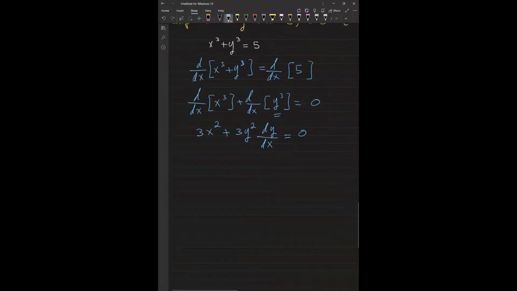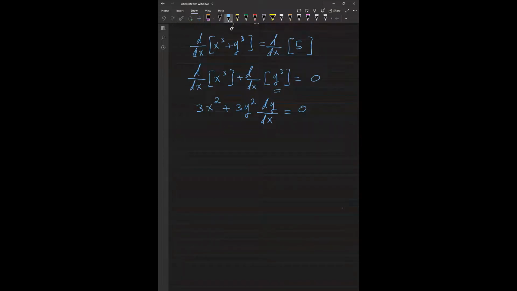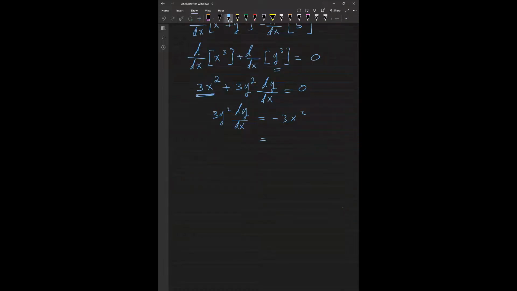The calculus is done. Now it's just the algebra. You just need to solve for dy/dx, and that's it. So let's solve for dy/dx. Move this to the other side, change its sign: negative 3x squared. Now we divide both sides by 3y squared.